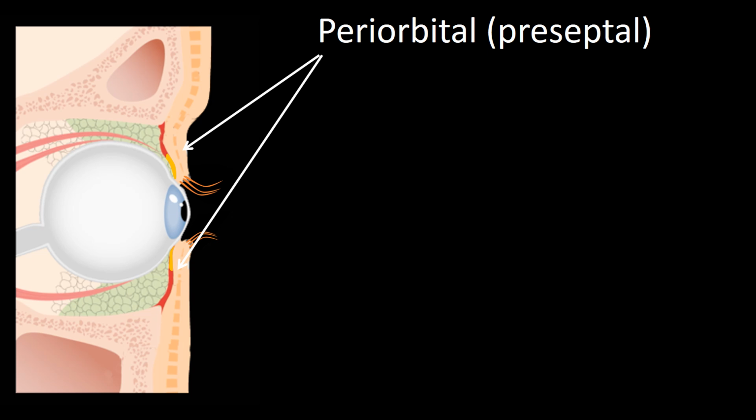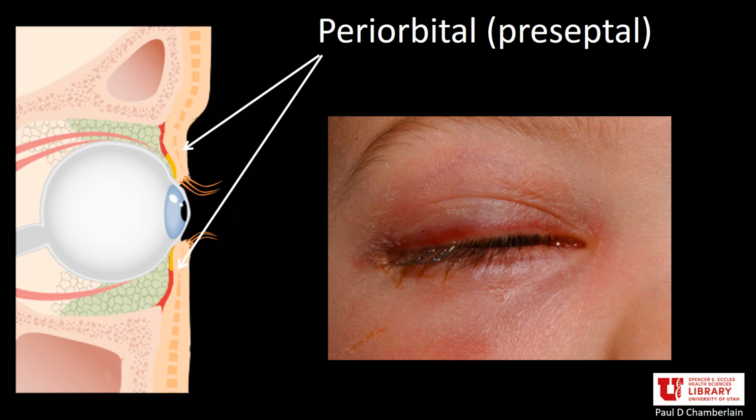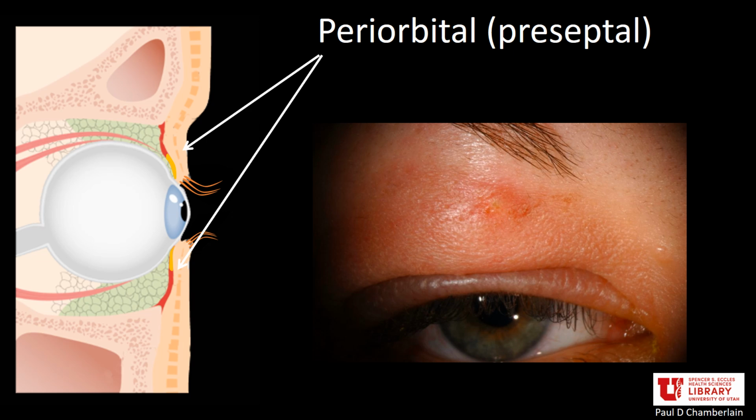Preseptal infections present with eyelid swelling, usually mild, and as you can see in this frame, a port of entry, such as a bug bite, is often seen, as you can see in the upper eyelid of this patient.